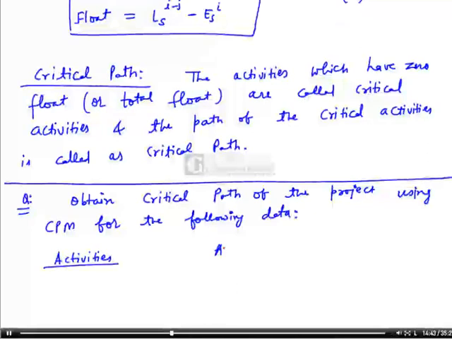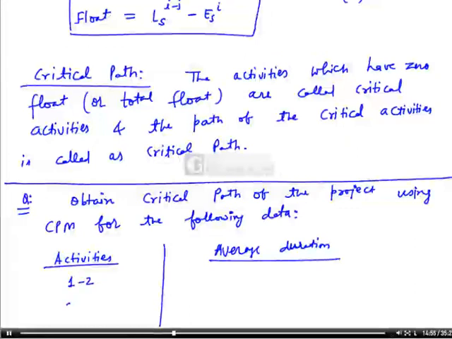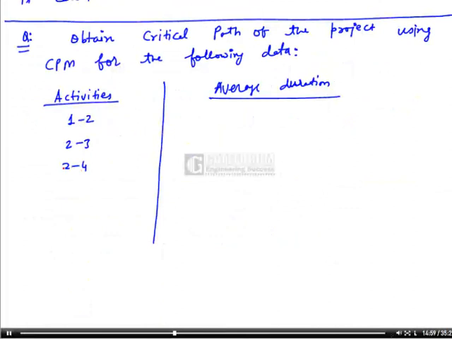and second one is average duration. Activities are 1 to 2, 2 to 3, 2 to 4, 3 to 4, 3 to 5, 3 to 6, 4 to 5, 4 to 6, 5 to 6.